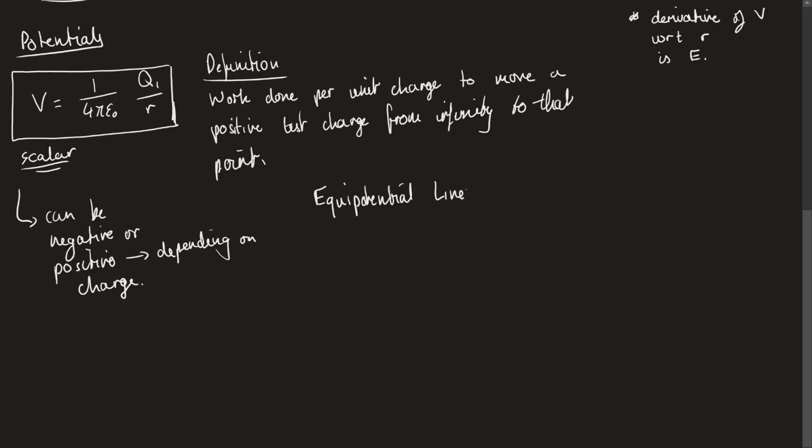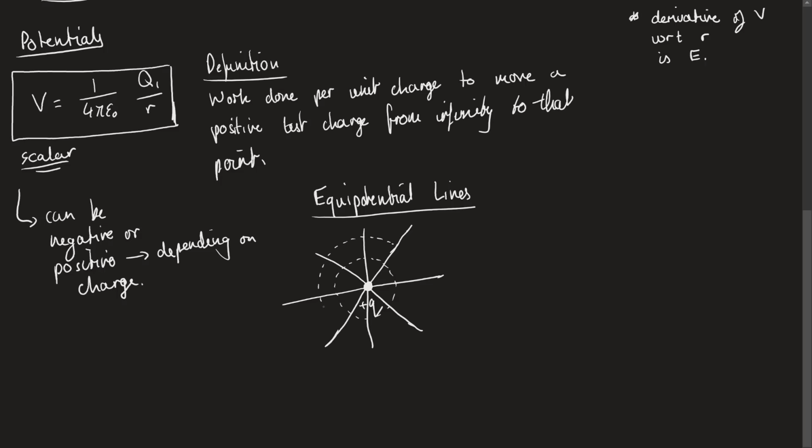So for a single radial field, we'll have the same thing. So if this is, for example, a positive charge, let's say we had these kind of field lines with an average field line density. I'm not going to draw the arrows on these, but we should know they always go from positive to negative, so they all point outwards. If I go a certain radius away, since this potential equation is only dependent on the radius, going along these lines will not change the potential.